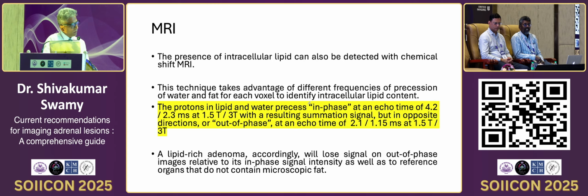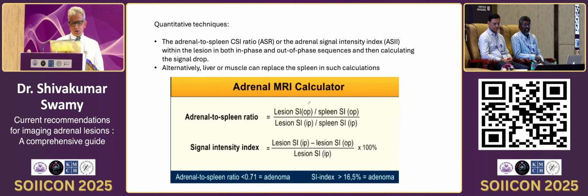Similarly, on MRI, we don't routinely give contrast, but what we look at is the microscopic fat, as lipid and water precess in and out of phase at different T values. For 1.5T and 3T there are different values, but what is important is how the signal will drop.